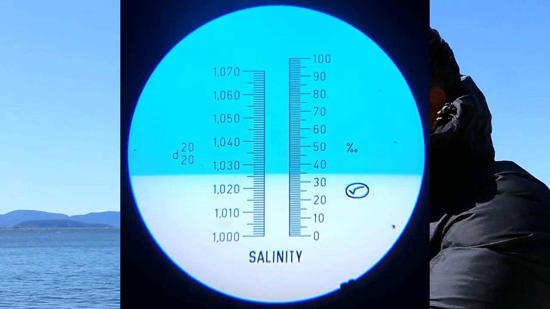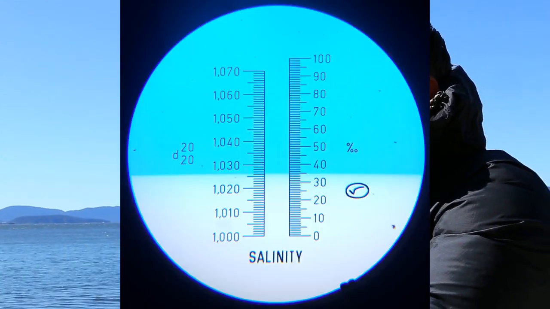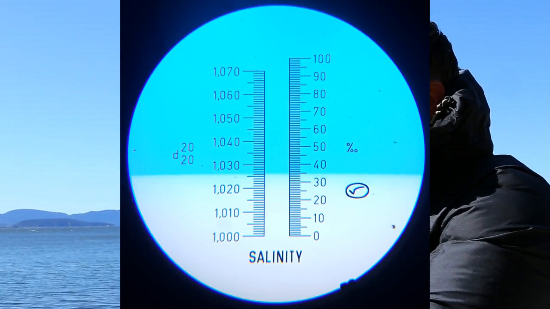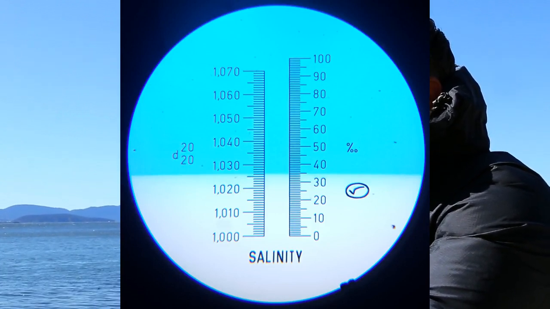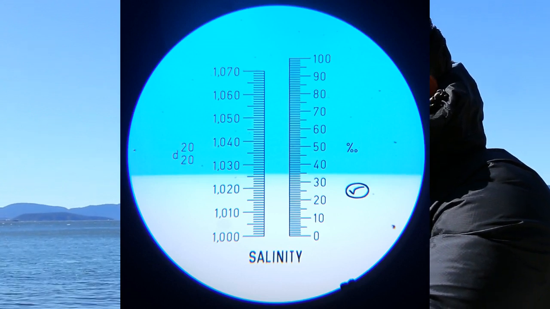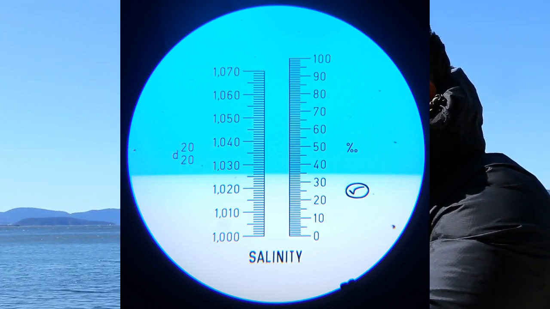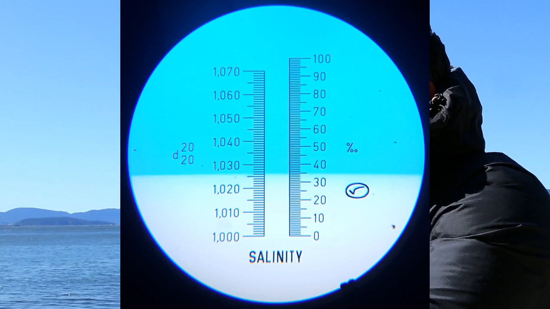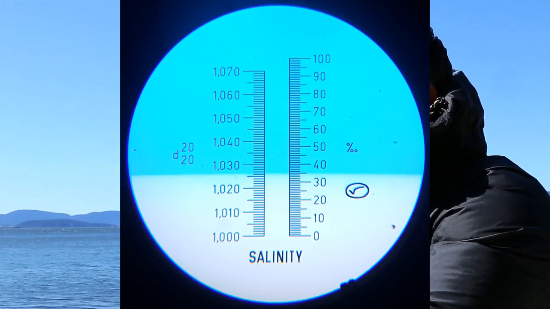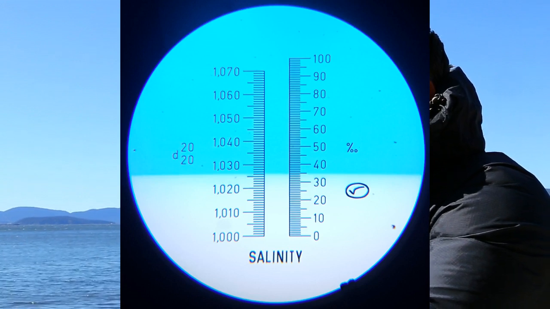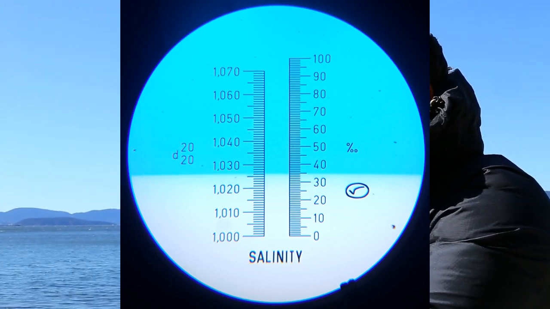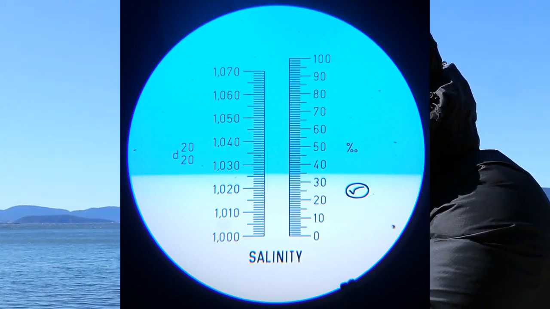And then there's a symbol to the right of the scale that looks like a percent sign, except it has two zeros on the bottom, and that just means parts per thousand. Now the scale on the left reads from 1.000 on the bottom up to 1.070 on the top. And then on the left of that, it says D2020.